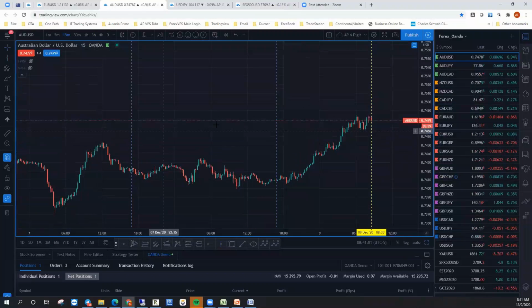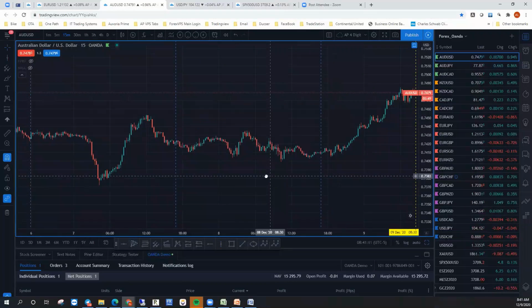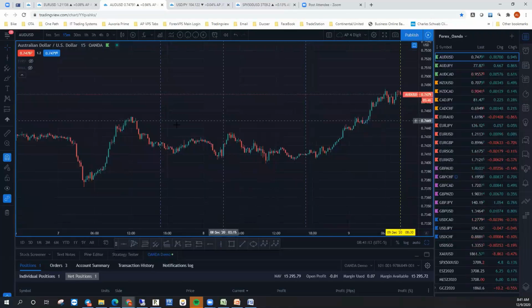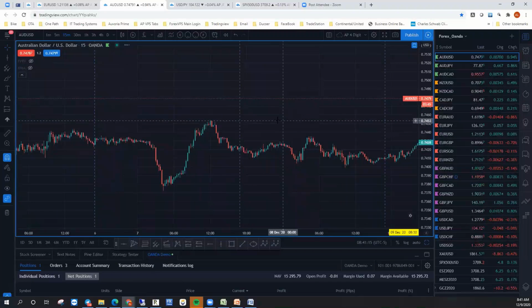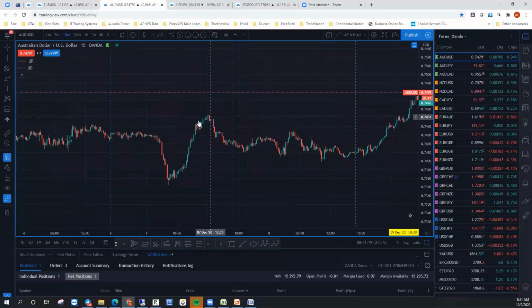Here's Tuesday's range. This was a range on the 7th, which was Monday. It did nothing all day yesterday, and now it broke up to a new high. So right now we have a little bit of a trend going. Here's the day of the high.